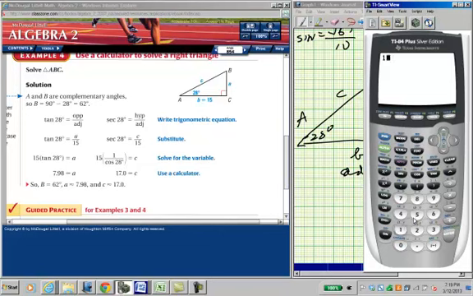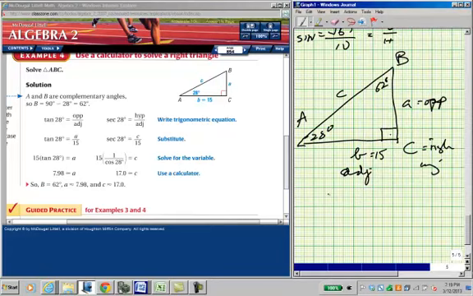We do 15 times the tan of 28 degrees, and we get 7.975. Call it 7.98. So side a equals 7.98.